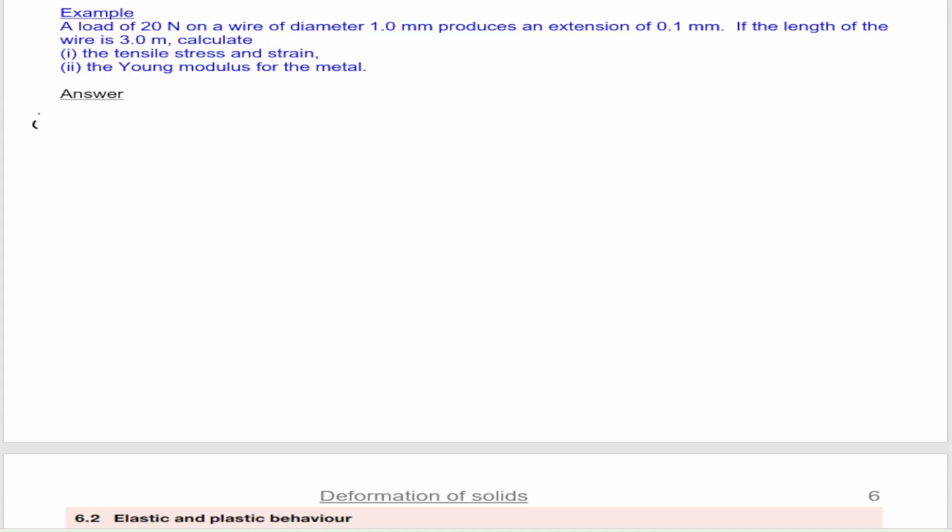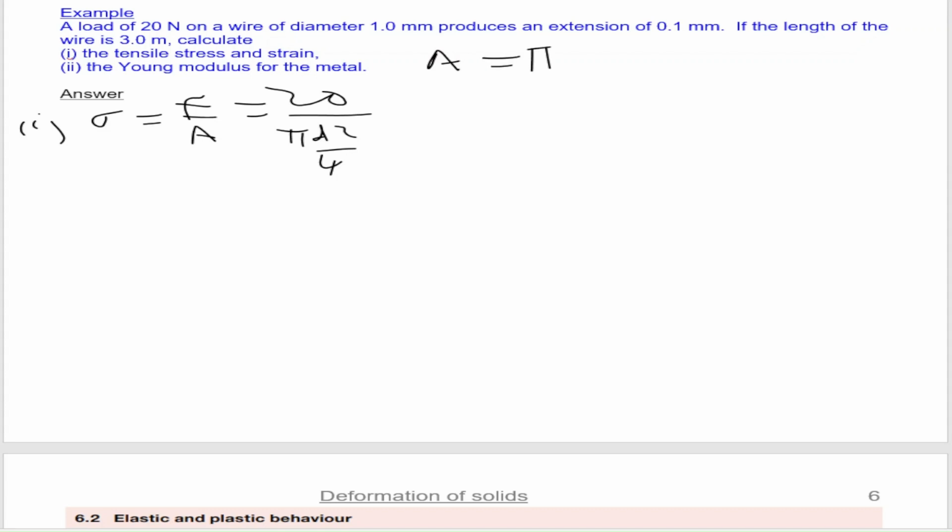So, tensile stress, remember we said stress is sigma, which is force over area. And the force is 20 newtons. And the area is pi d squared over 4. Remember we said that area is equal to pi r squared, but r is d over 2. So we say d over 2 squared. That's why we've got pi d squared over 4.